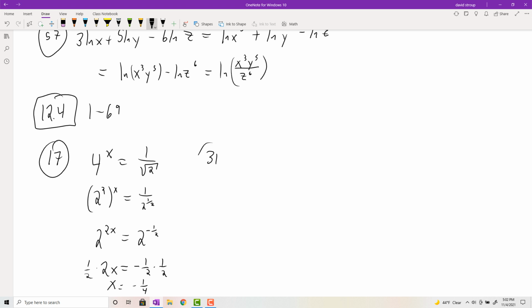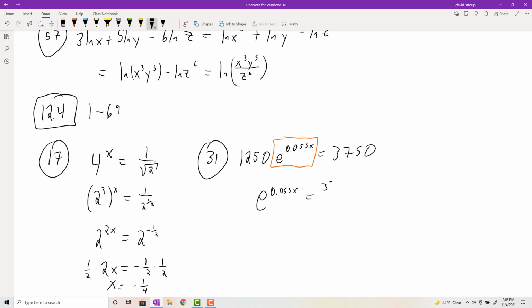The other type was to isolate the exponential portion and take logs on both sides. Okay, so first I want to isolate this term, that factor. So I'll divide both sides by 1250, reduce just a little bit, make my life a little easier, get rid of the zeros.